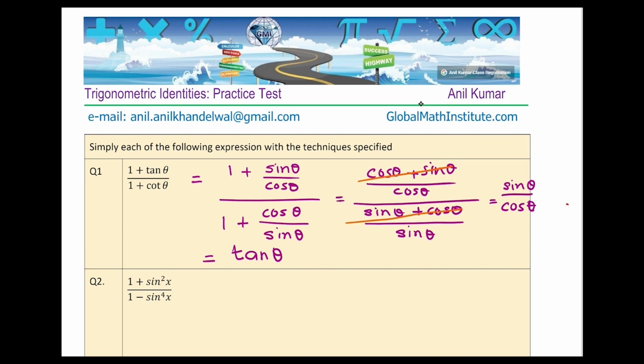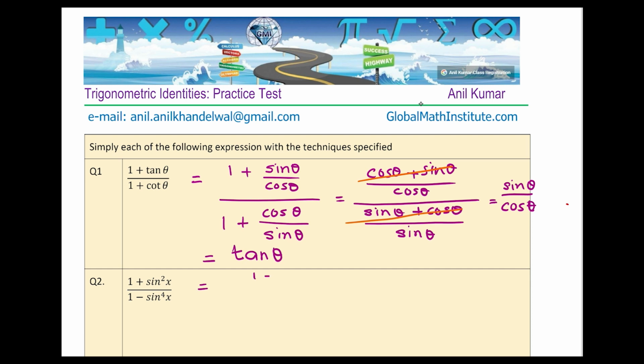Now let's simplify question number 2 expression, which is 1 plus sine square x over 1 minus sine to the power of 4x. Now the denominator can be written as a difference of squares.